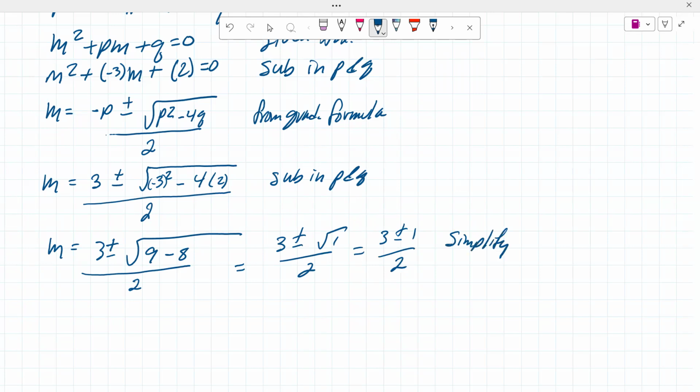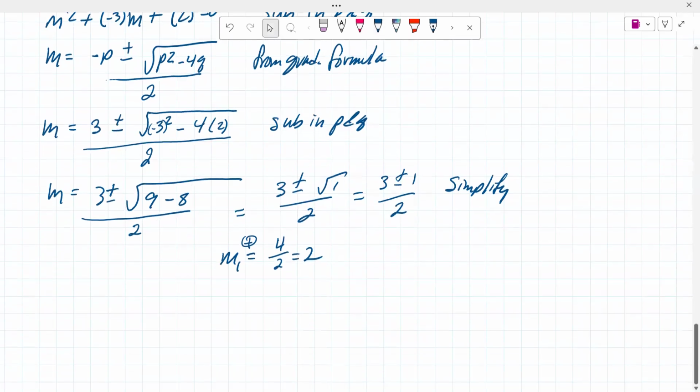All right, and so now we're going to have our plus root, and then we're going to have our minus root. So in other words, m1 equals, this is our plus root, I'll just put a little plus up there, 3 plus 1 is 4 over 2, equals 2. And our m2 equals, and this is the minus root, 3 minus 1, which is 2 over 2, which is equal to 1.